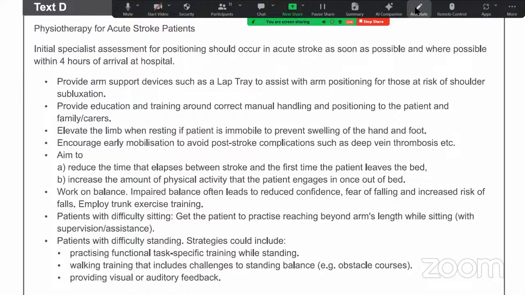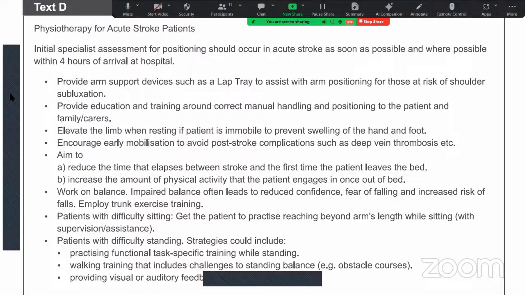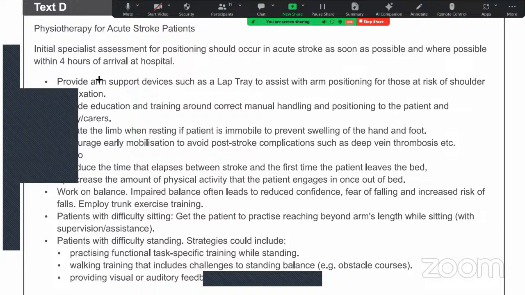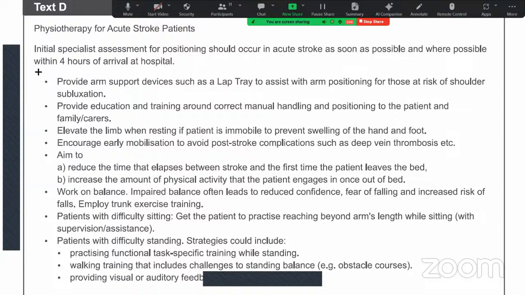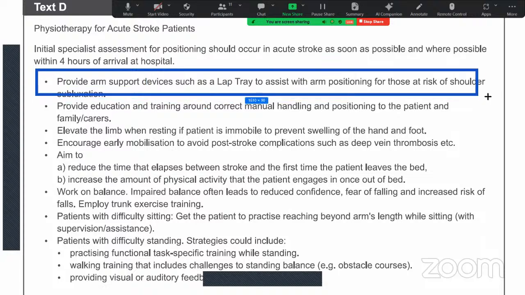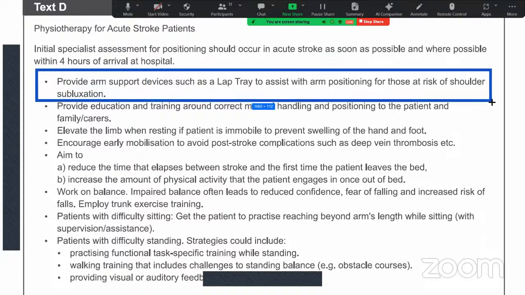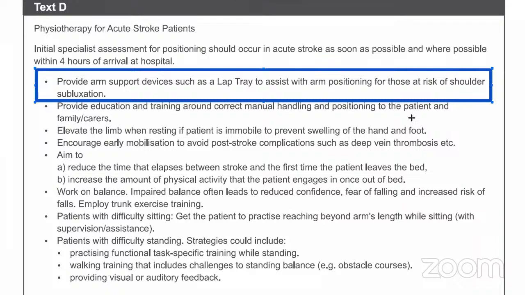Acute means very serious. Very serious. Okay. So now if you see here, that is the point.